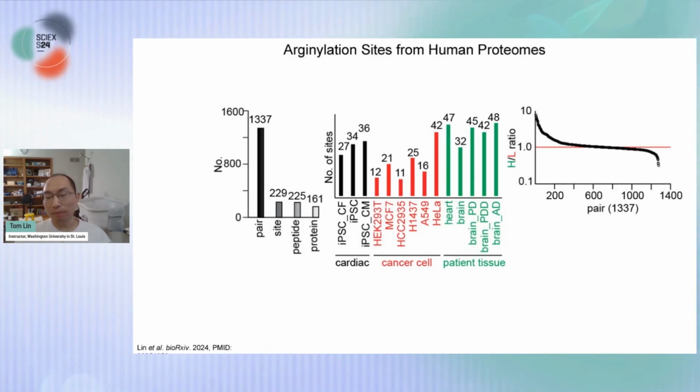If you look at the heavy-to-light ratio from the MS1 scans, the ratios of the over 1,000 pairs are centered perfectly at the heavy-to-light ratio 1.0, which is a hypothetical ratio from the design of our workflow.